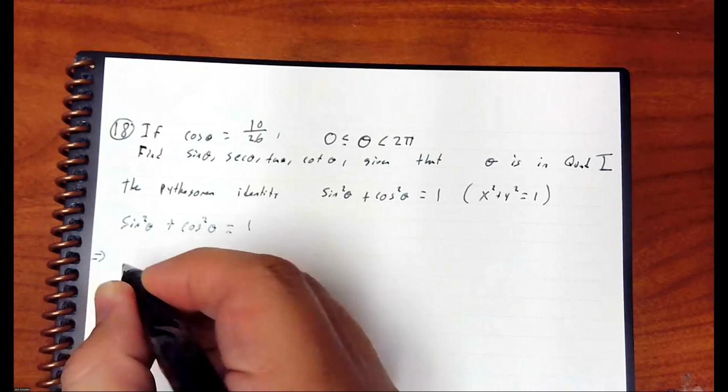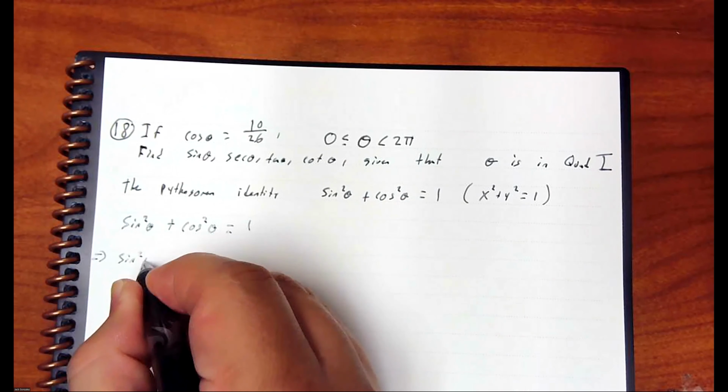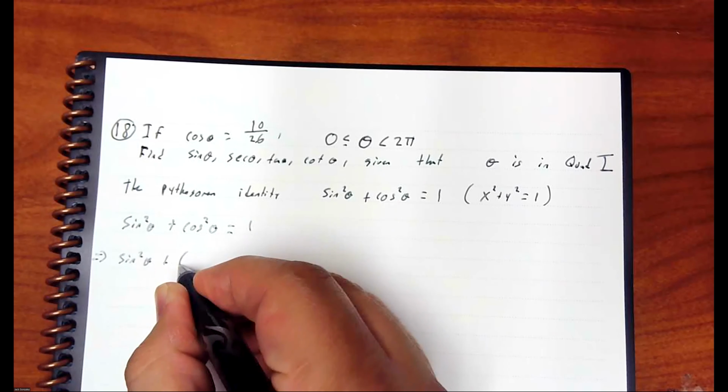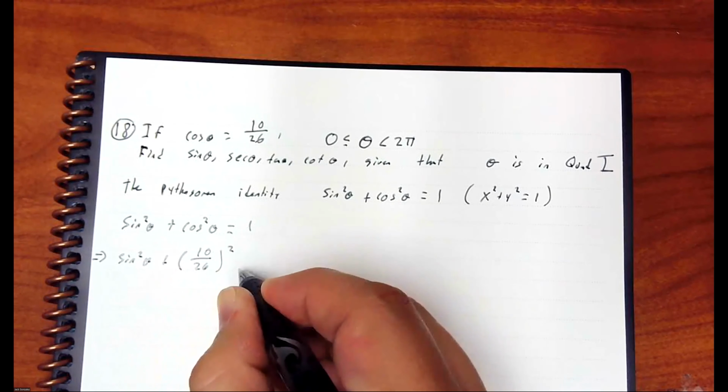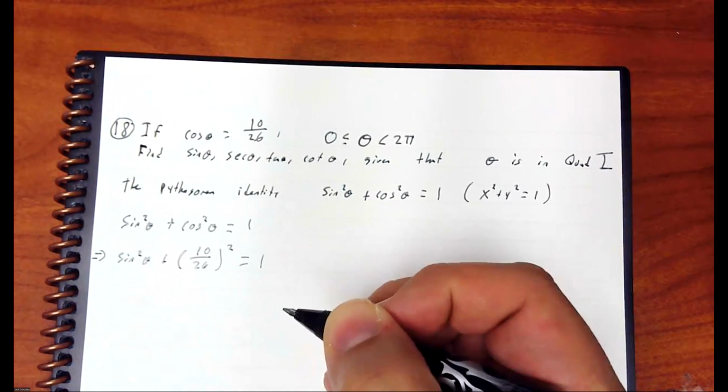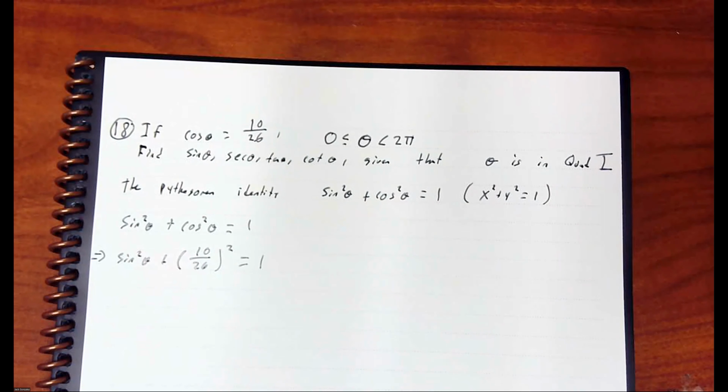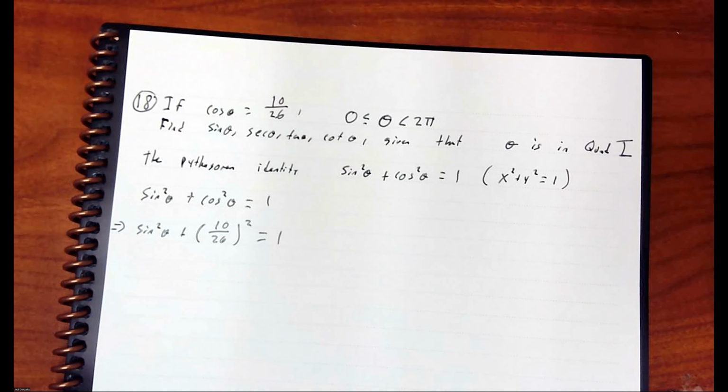So first step, plug in 10 over 26. Because that is cosine, right? The formula is squaring, so you're going to square the value. 26 squared, what is that? I don't know what that is. 600 something?